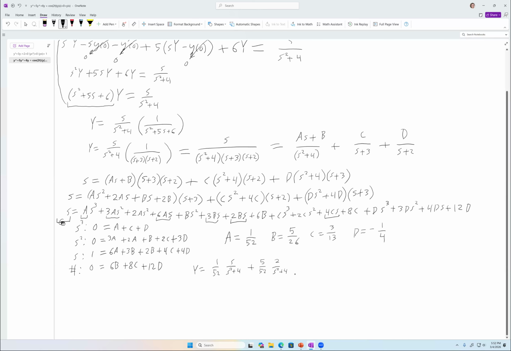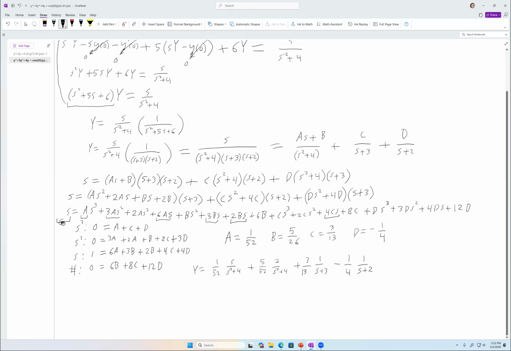Okay, cool. Then the next one is 3 over 13 times 1 over S plus 3. And last but not least, we have this negative 1/4 times 1 over S plus 2.